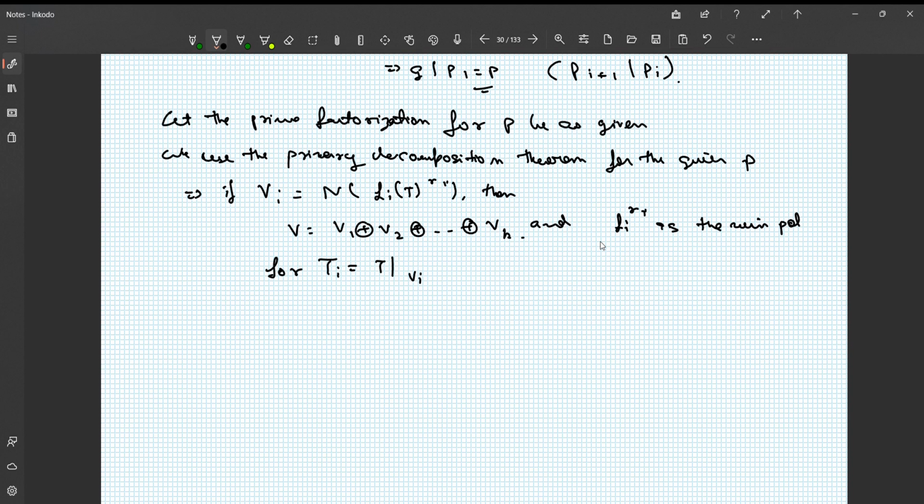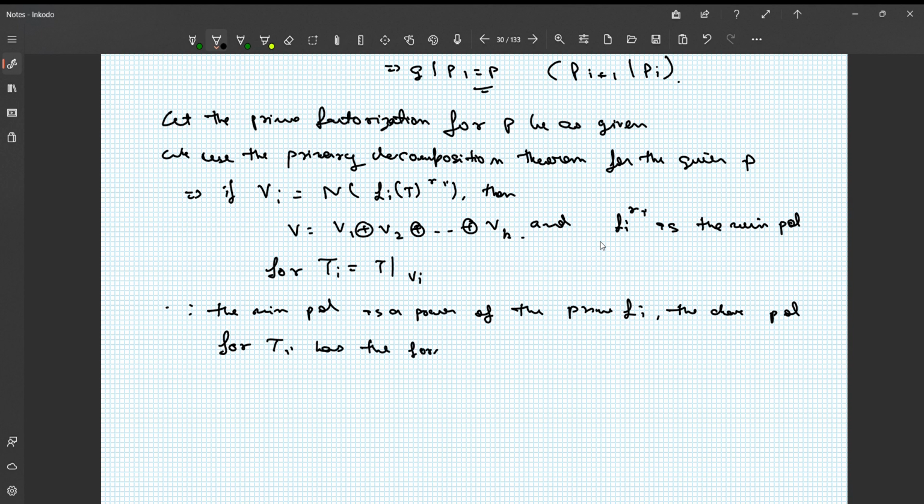So now we can continue in this way: since the minimal polynomial is a power of the prime element Fi, the characteristic polynomial for Ti surely has the form Fi to the power Di.